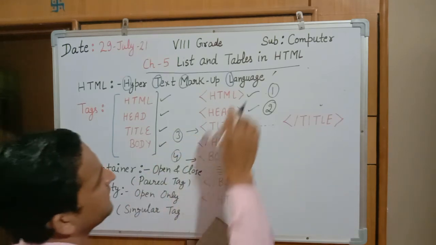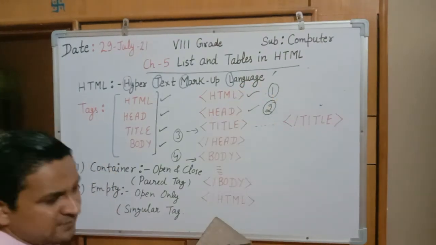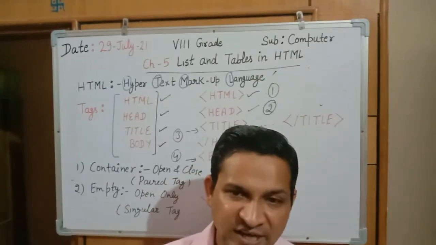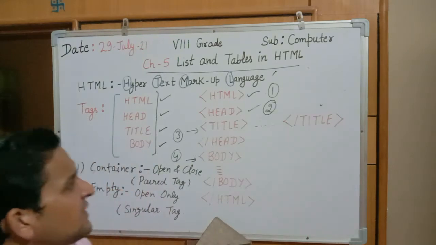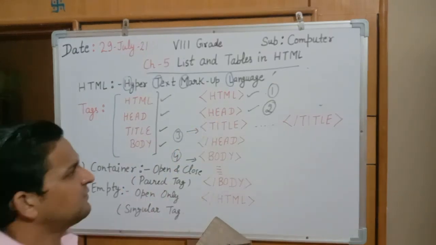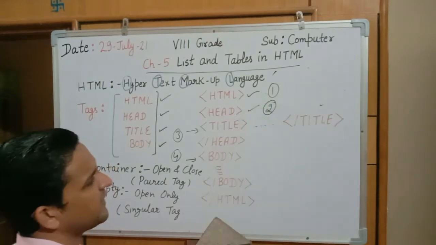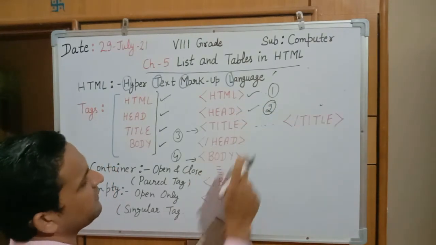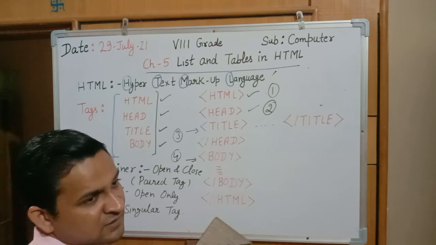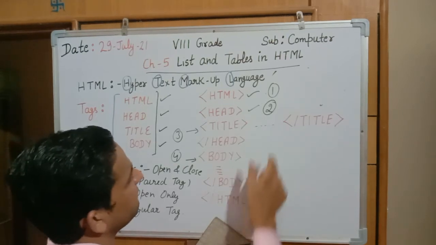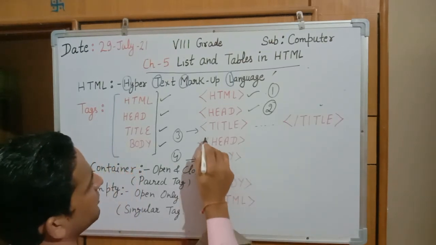So how do we operate? HTML is the main tag that tells where the program starts. The head tag defines the heading of the program. Any heading we want to define is written with the help of the head tag. And title defines the title of the page, which is written in between. Now see the concept.